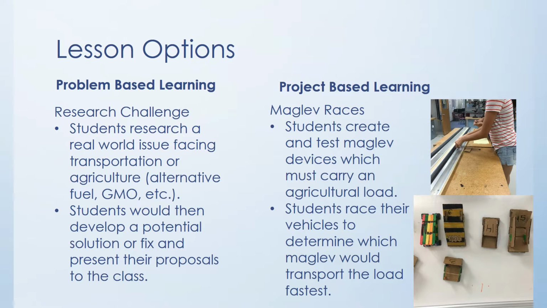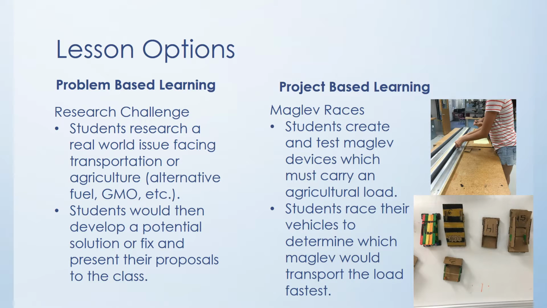Depends whether they get to choose their partners or work in groups that I assign. And they would research a real-world issue that faces us, something in the news or something that might not necessarily be in the news but should be.